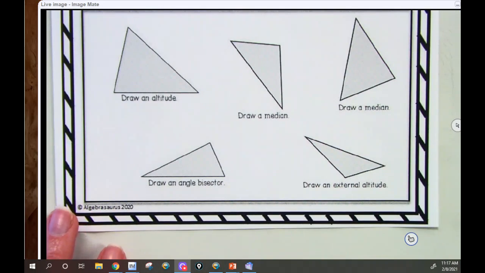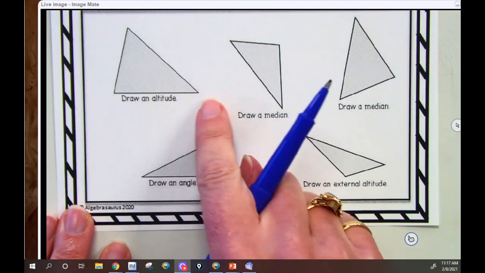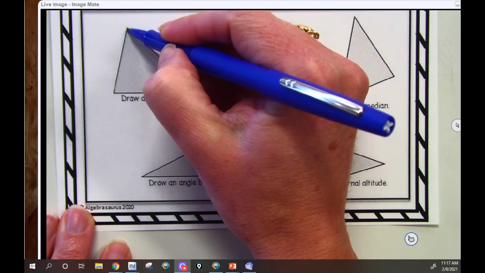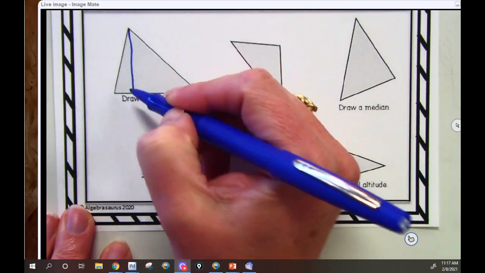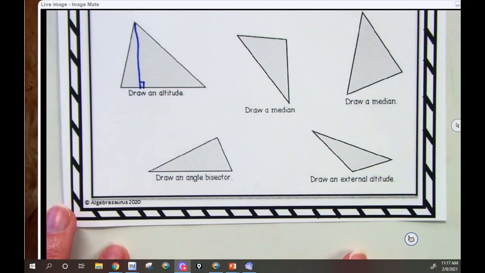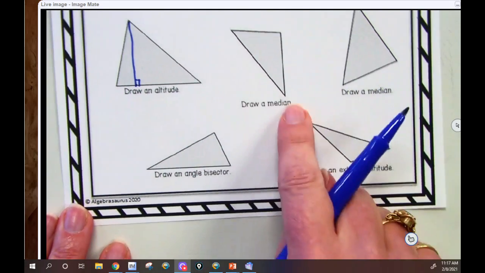Draw an altitude. So you guys pick. Top, left, or right? What vertex should we use? Top. So then from the top, you need to go straight down, and it creates a right angle. Median. Left, right, or bottom? Left.